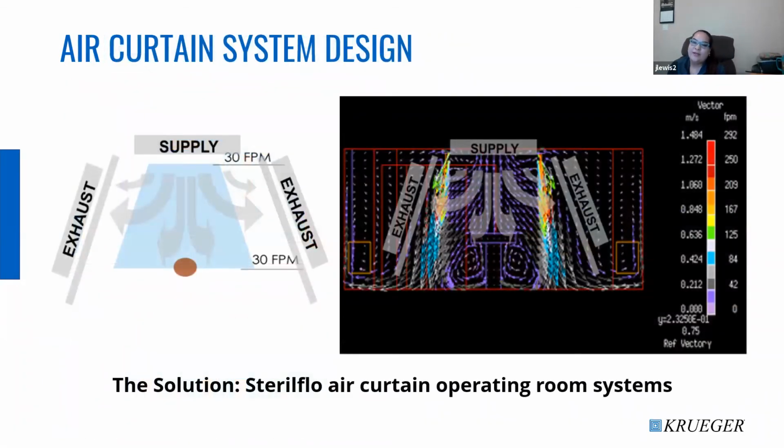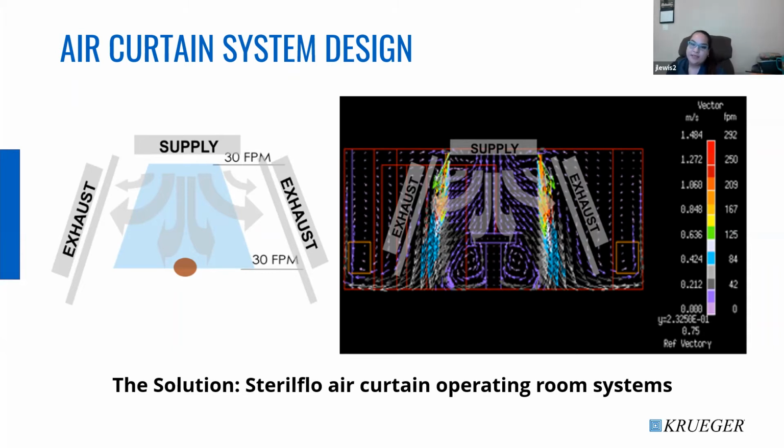One way we can overcome it is with an air curtain system design. And this can help prevent both of those problems I mentioned on the last slide. So this is basically a two-component system where we have the laminar array in the center, and then the air curtain system is the perimeter around all four sides of the laminar array.